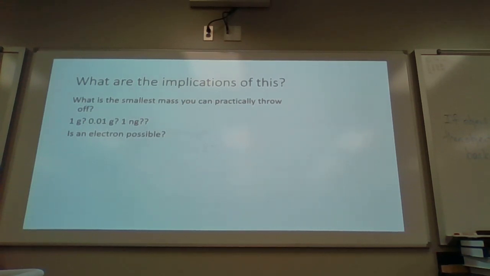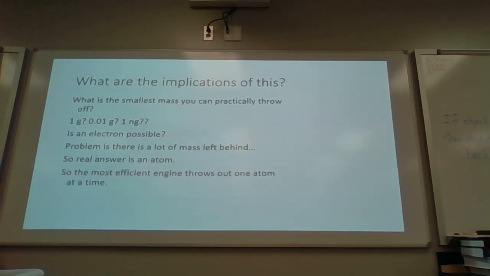There's not much mass in an electron. So a nucleus, an ion. Yeah, because the mass of the electron is small. So throwing one atom at a time would be the most efficient.